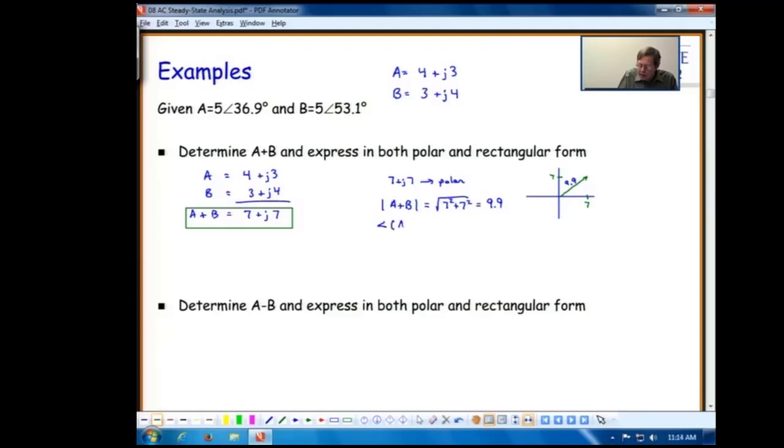The angle of A plus B is inverse tangent of imaginary over real, which is inverse tangent of 1, which is 45 degrees. So A plus B in polar form is 9.9 at an angle of 45 degrees.